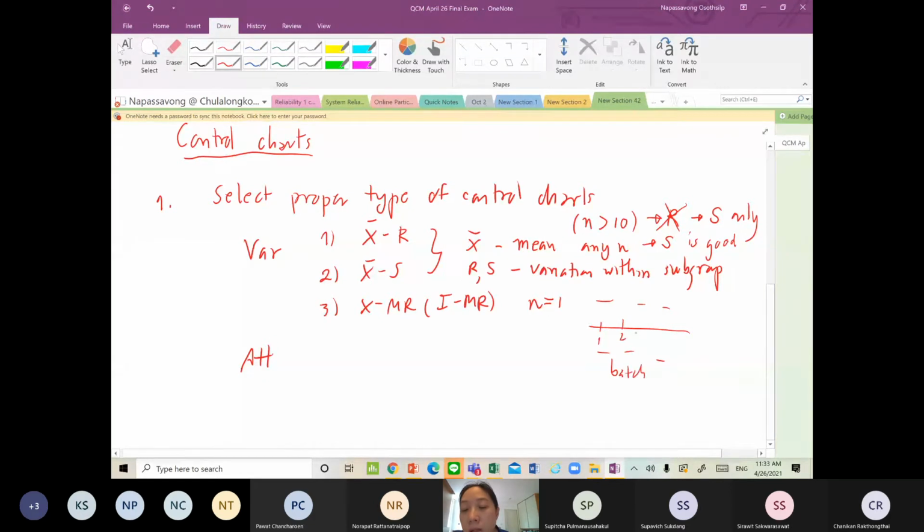In each batch there is only one number for viscosity, so it doesn't require you to take more than one sample. You take a sample only one time per batch. The batch here is the subgroup. So in a chemical process we will use XMR or IMR as the control chart.